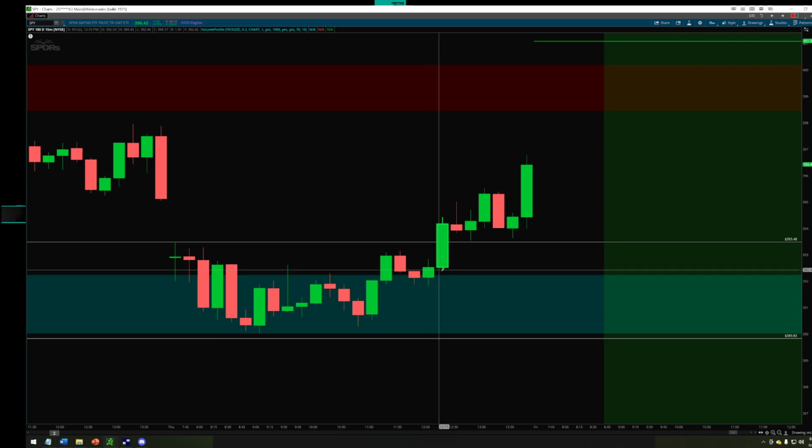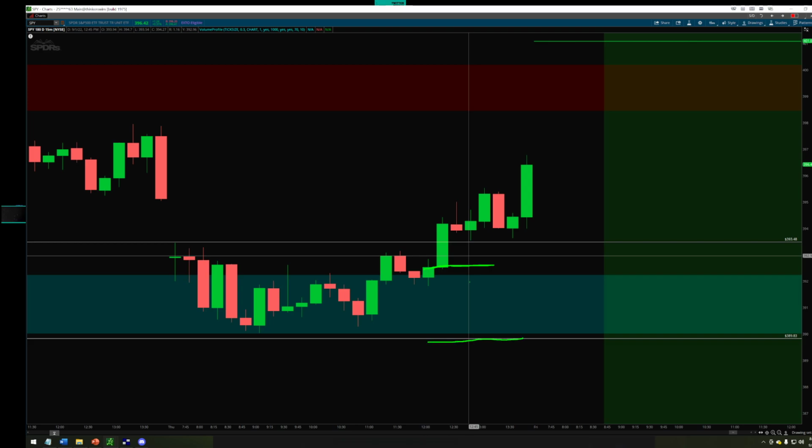So I'm going to take the trade right here, and my stop is going to be right here, and this is a 1. My target has to be at least three times this area, which is more or less up to here. That's a 1-to-3 risk-reward: 1, 2, 3.